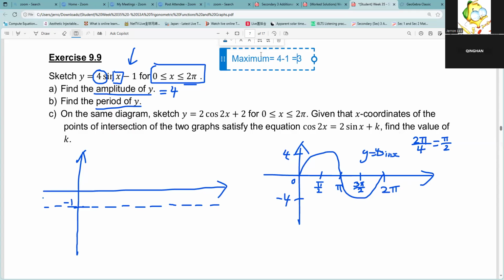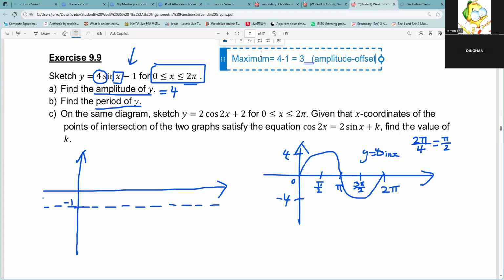Let me repeat. The maximum is actually 4 minus 1 equals 3, which is actually amplitude minus offset. I call that the offset, but it's actually called the constant. I call it the offset because it changes everything. So I always like to do it like that.